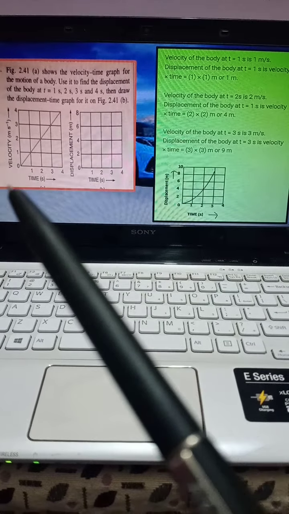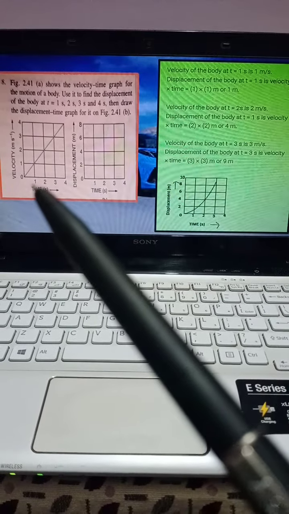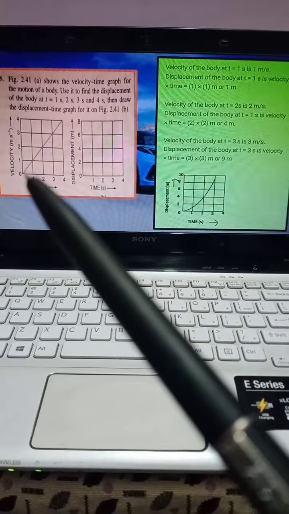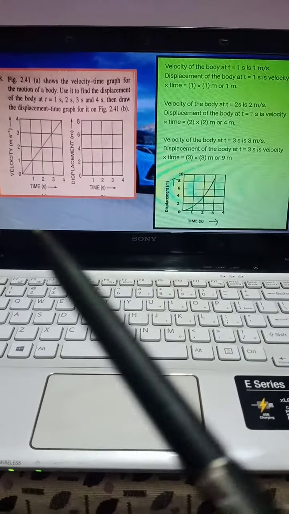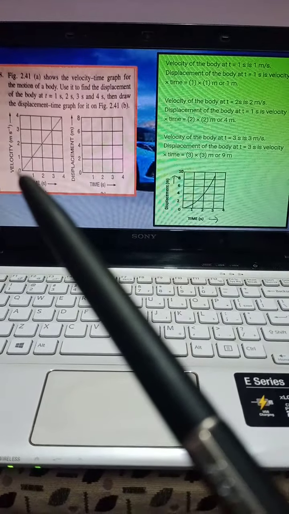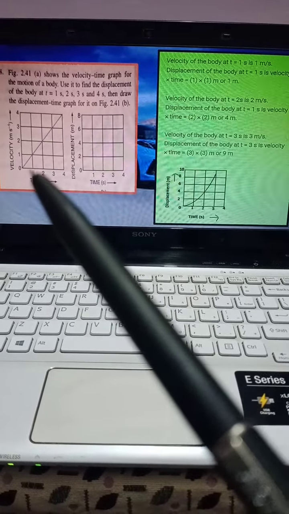This velocity time graph is for 0 to 4 seconds, and velocity is given in meters per second as 0, 1, 2, 3, 4 meters per second. From every quadrant we are going to find the area of every triangle.